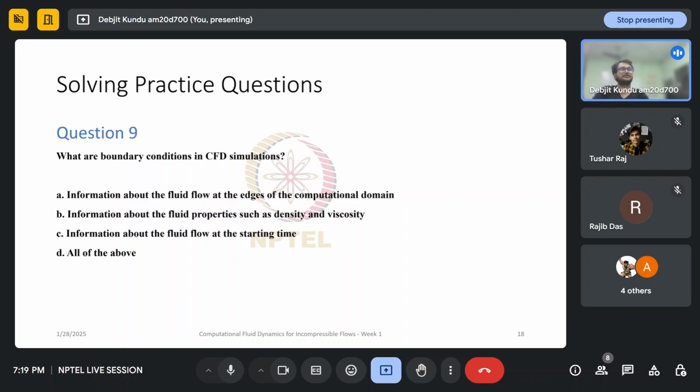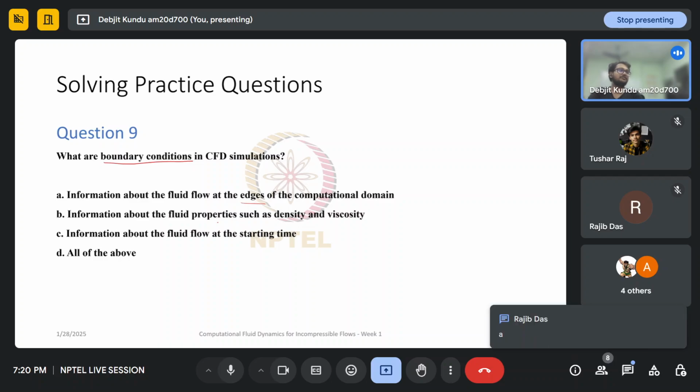We move on to question number 9 now, which is asking us what are boundary conditions in CFD simulations? Is it option A, information about the fluid flow at the edges of the computational domain? Is it information about the fluid properties such as density, viscosity, and so on? Is it option C, information about fluid flow at the starting time? Or is it option D, all of the above?